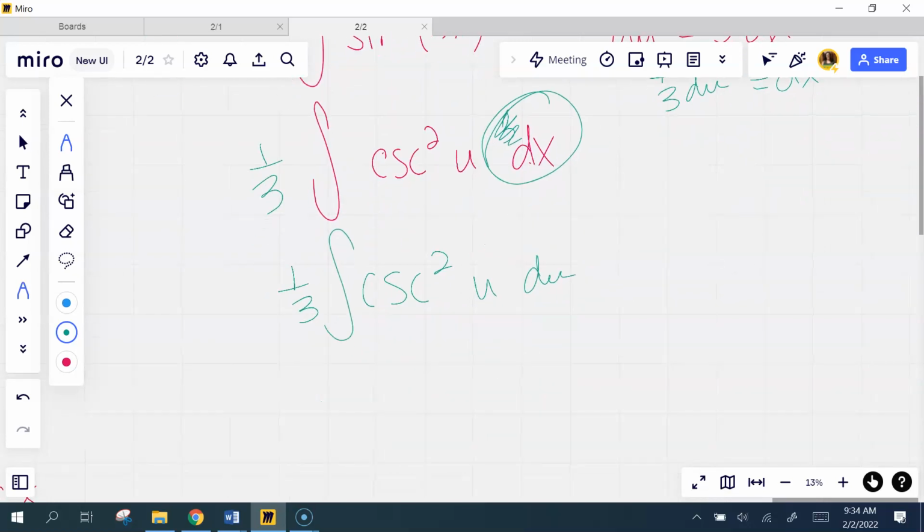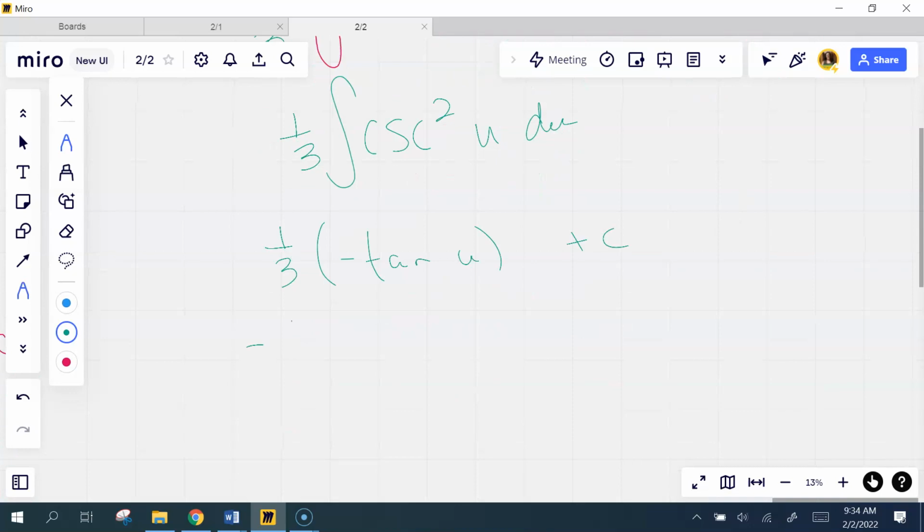Now I just find the antiderivative. What's the antiderivative of cosecant squared? So I got 1/3 negative cotangent u plus c. So this is negative 1/3 cotangent. What is u? 3x. Cotangent, sorry.